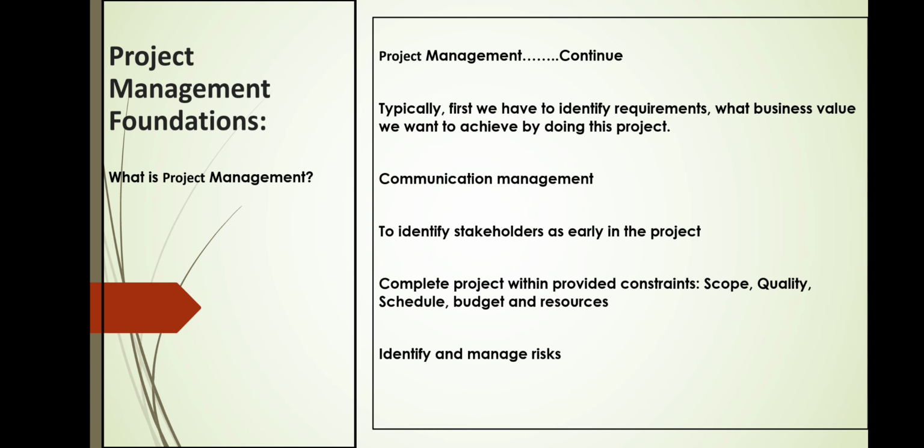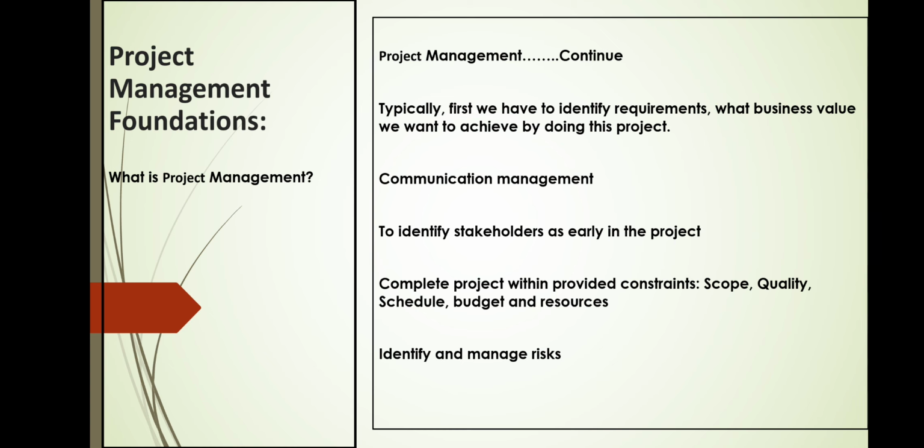So in project management, we identify stakeholders for the project as early as possible. To successfully do the project management, we have to manage risks. What kind of risks we can face, what is our plan to encounter them, and have we put some reserves for those risks.